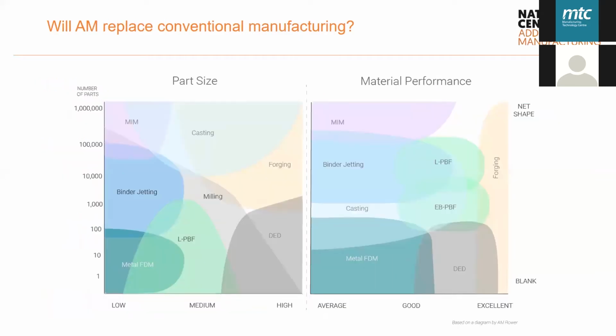So a question that you might ask is, will additive manufacturing replace conventional manufacturing? Now, the short answer, most probably no. Additive manufacturing is known as a tool within the toolkit of manufacturing companies.